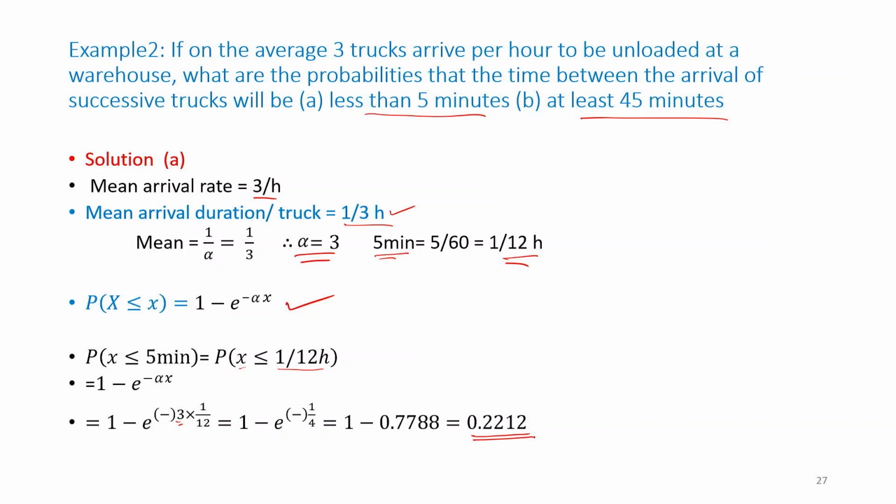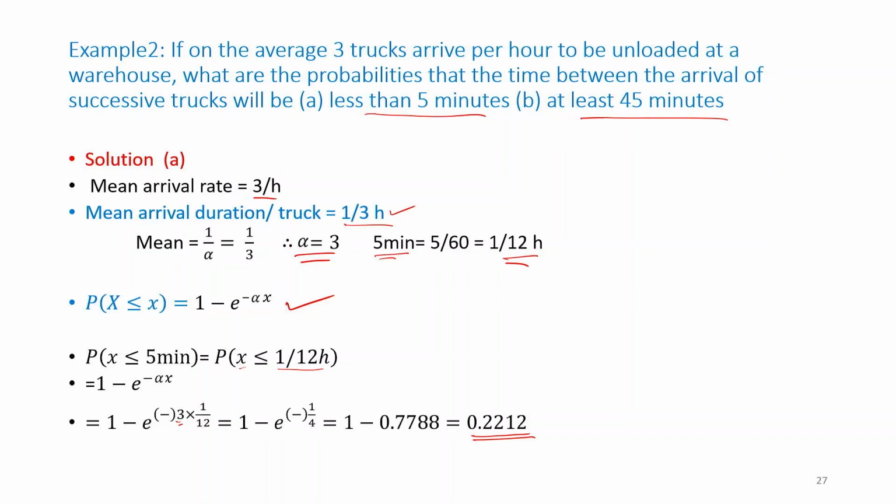It gives us a figure 0.2211. So that is the probability that the time between the arrival of successive trucks will be less than 5 minutes. So about 0.2 is the probability.